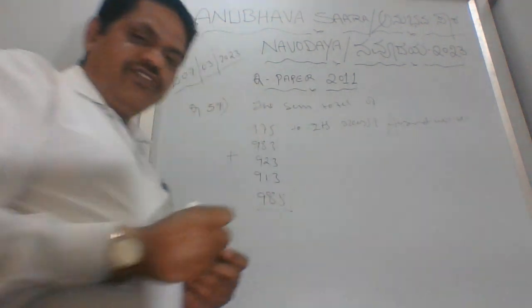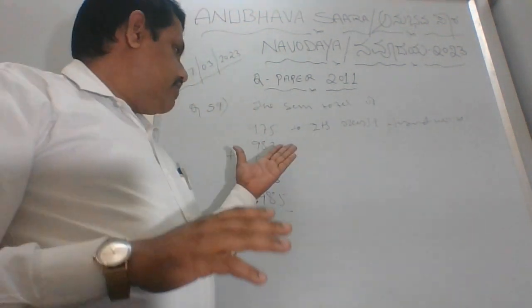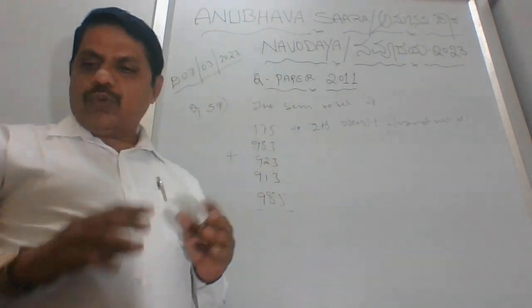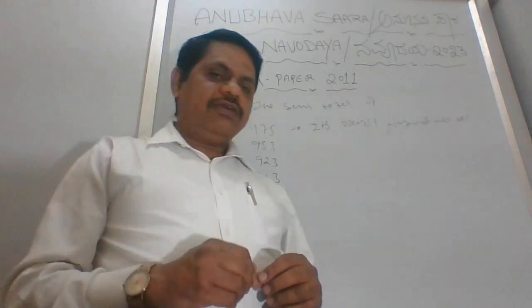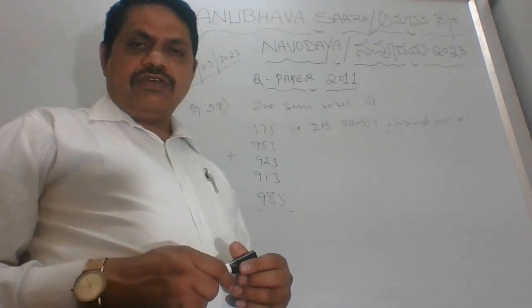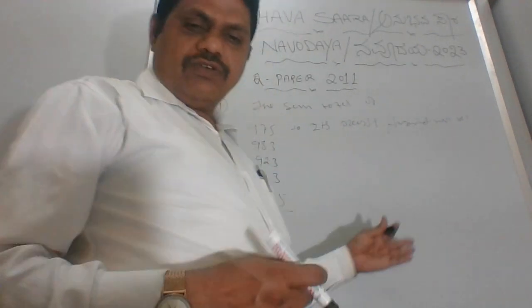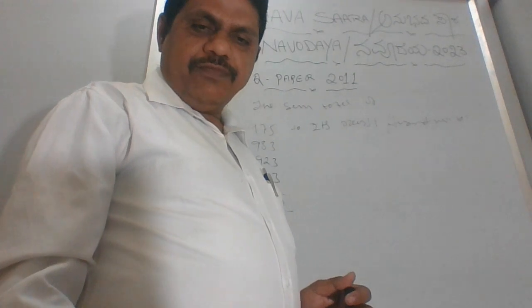Here the question is asking, after adding these, which is the nearest 100, matching the options. I'll write the options now, then later we'll discuss how we can solve this with a very easy method.